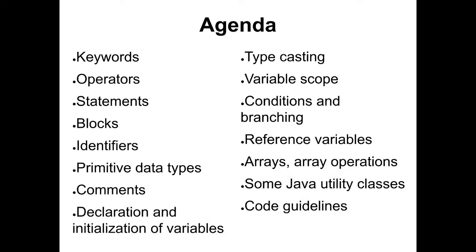The agenda for today's presentation is to talk about the keywords used in Java, the operators, the statements, the blocks, the difference between operators and statements, the identifiers, the namings, all this key stuff, and primitive data types. We'll name and discuss all the primitive data types used in Java.